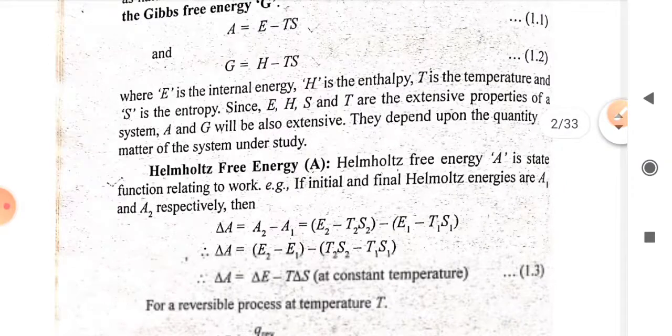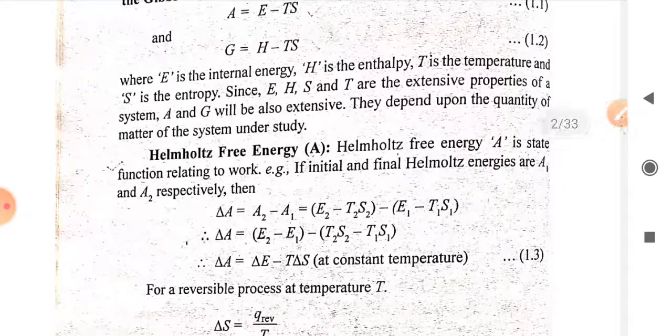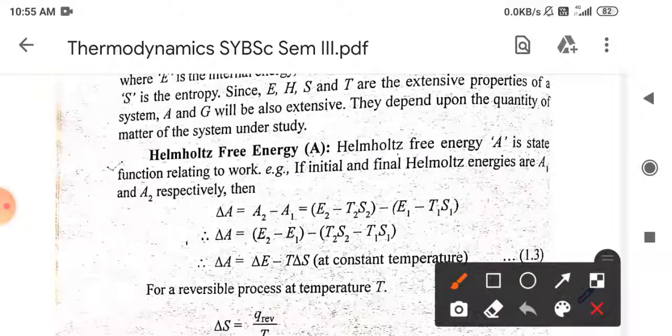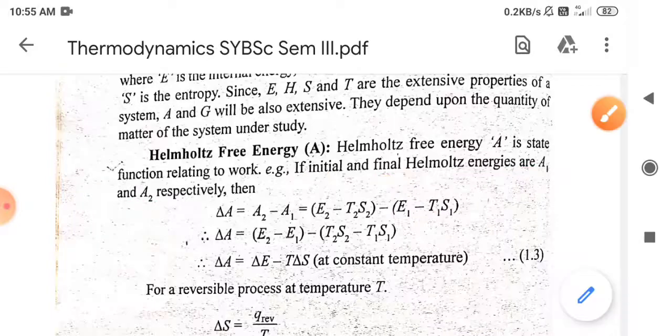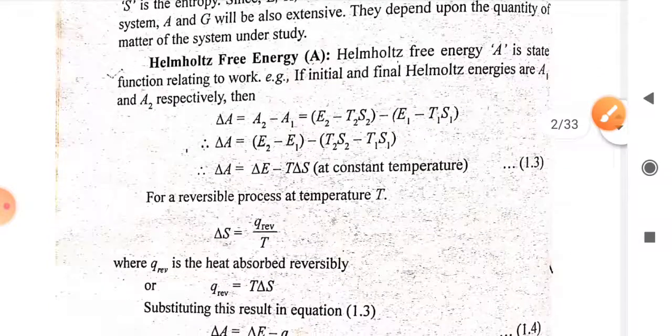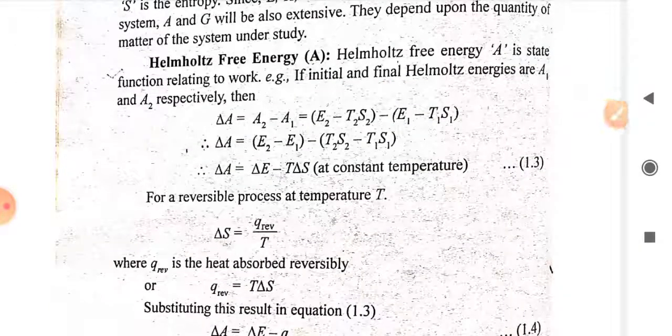Helmholtz free energy A is the state function which is related to the work done. For example, if we consider the initial and final Helmholtz free energy, then we can find the difference between the two states, that is the initial state and the final state.